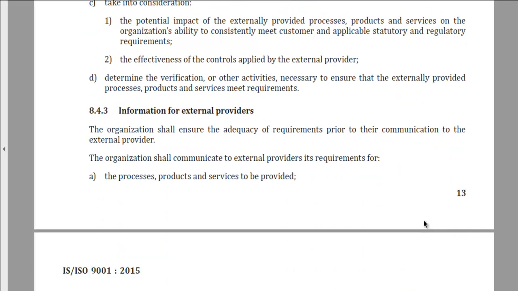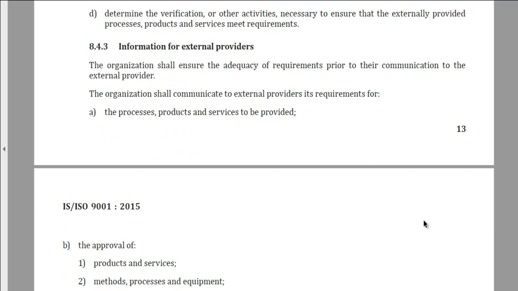8.4.3, information for external providers. The organization shall ensure the adequacy of requirements prior to their communication to the external provider.